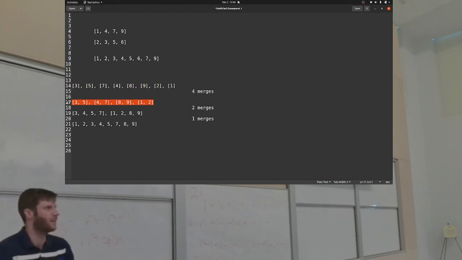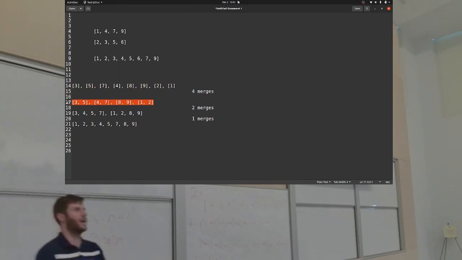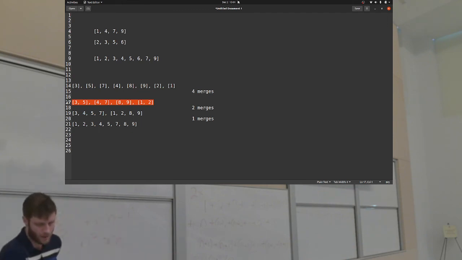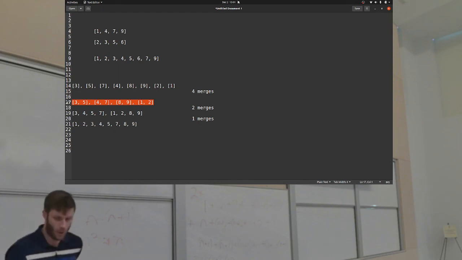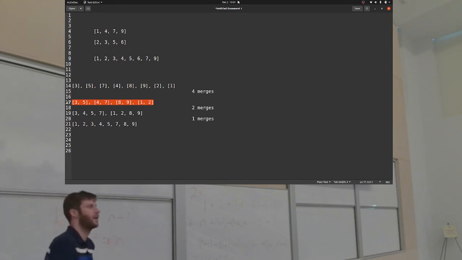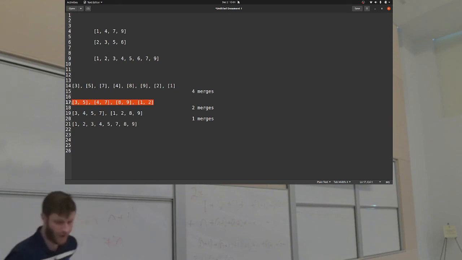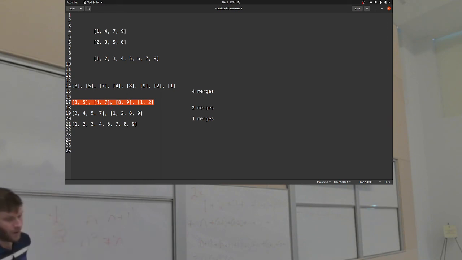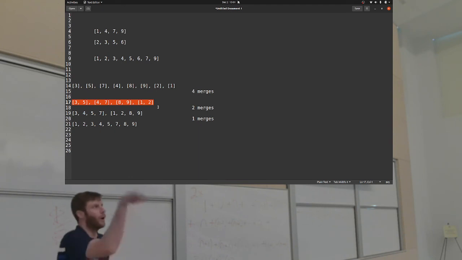Right? If I had to do 8 merges, or if I had to do 4 merges, each one was 8 work total. If I do 2 merges 4 times, if I merge 4 things 2 times, 2 things, each having 4 in there, every time there's 8 units of work on each row.